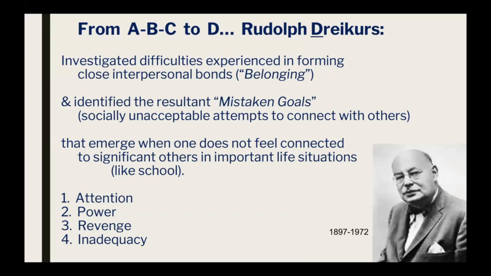We're going to move from ABC analysis to D, Rudolph Dreikurs. You'll get this in the learning module, but his model focuses on the greatest human psychological need, which is to belong to others.